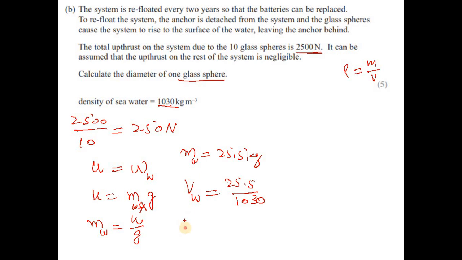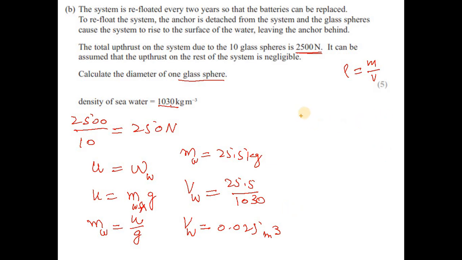So you can figure out the volume of the water which is displaced by one bulb, and the volume is 0.025 meter cube.